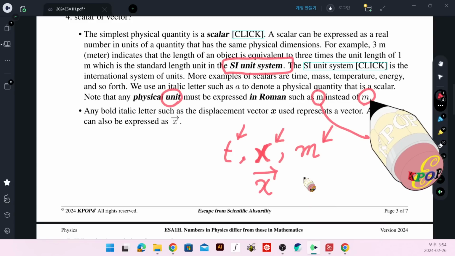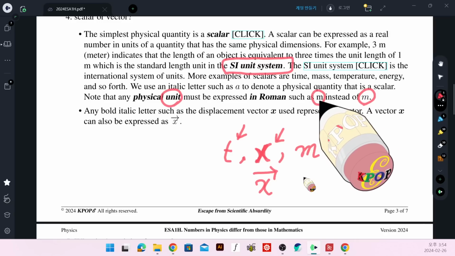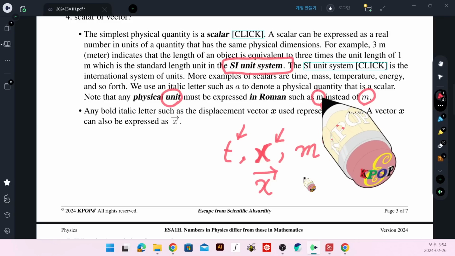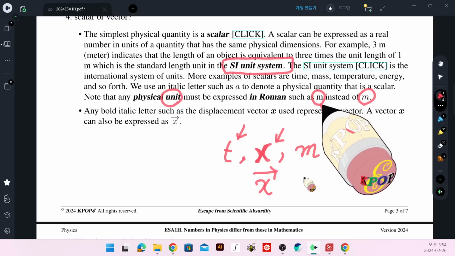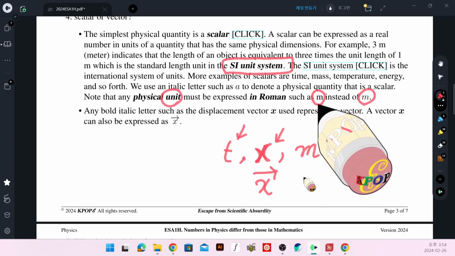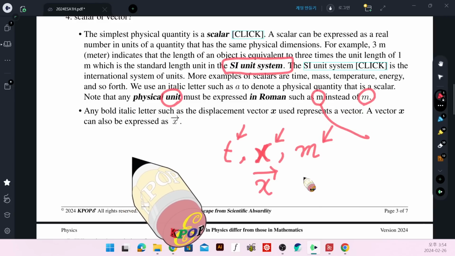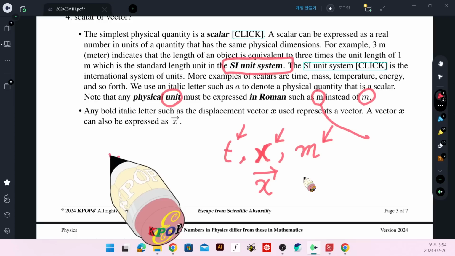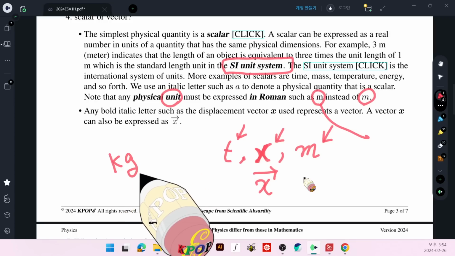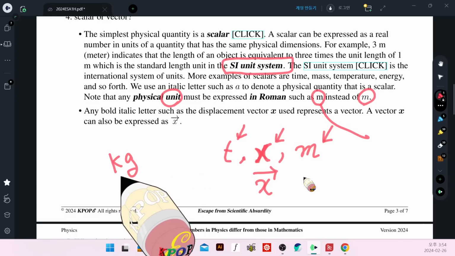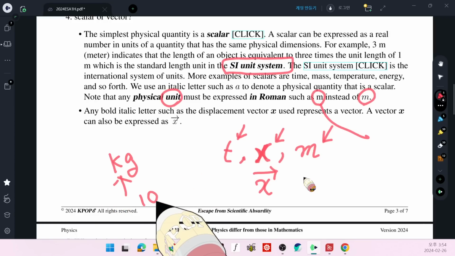Any letter in Roman in physics should be either a unit or something like a number. For example, kilogram. Gram is a unit and kilo is 10 to the 3, 1,000.